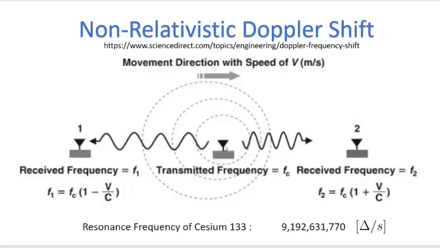If the target is moving this way, which would be a blue shift, Science Direct says the frequency that is received is the transmitted frequency times 1 plus the velocity of motion of the transmitter divided by the speed of light. This is what Science Direct says.